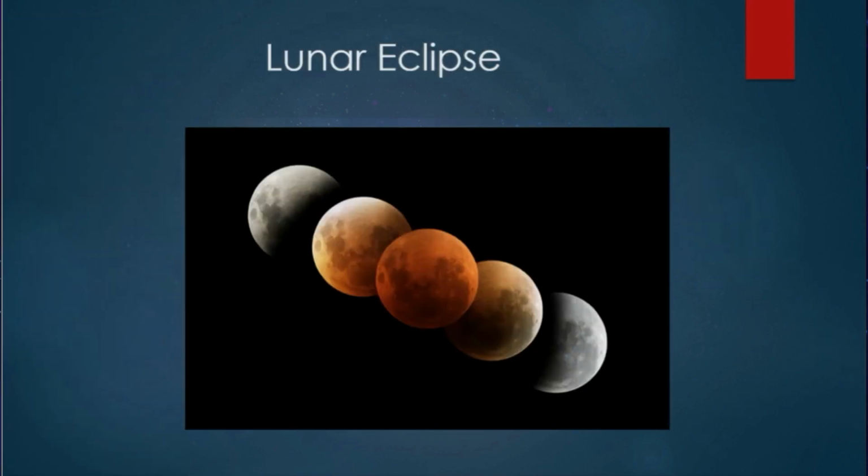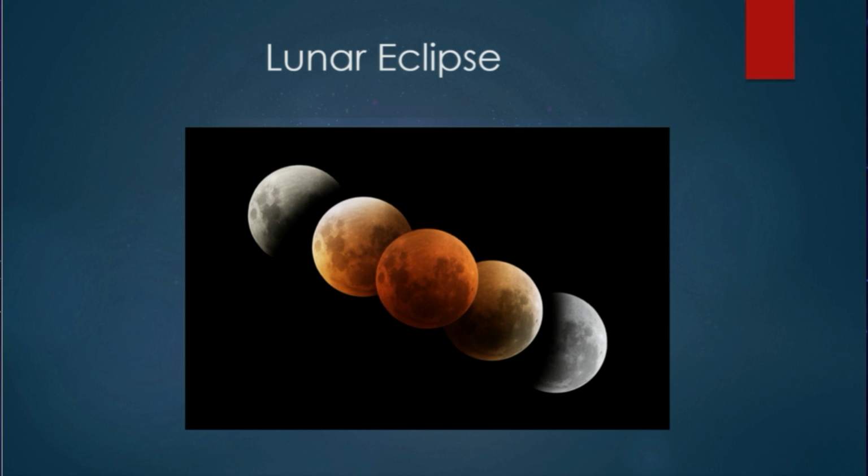Now our next one is a lunar eclipse. And you can see the sequence of the moon going through from a partial to where it starts to turn reddish color, orange or purple sometimes, and then it becomes totally that color, and then it starts to go back towards a full moon.